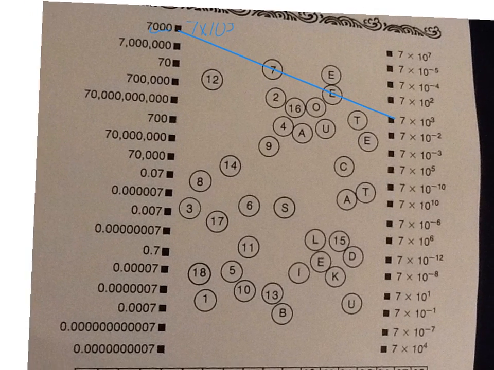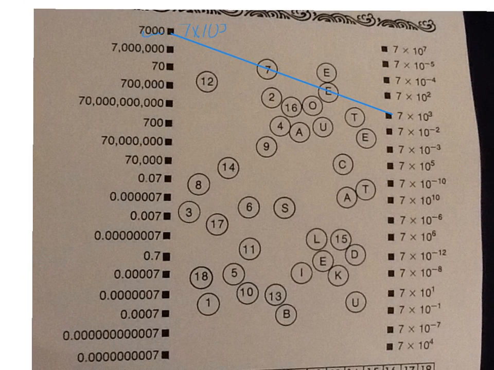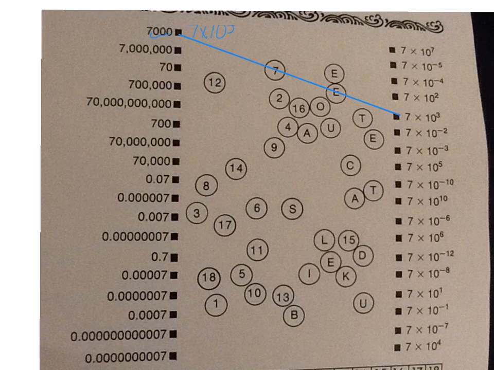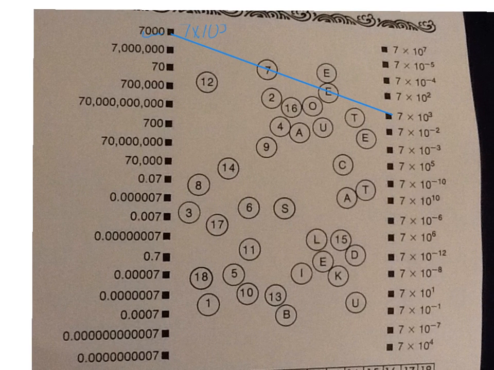So then we're going to look at the next one. And that's going to be 7 times 10 to the 1, 2, 3, 4, 5, 6. So that's 7 times 10 to the 6. So we'll find it on this side, which is right here.